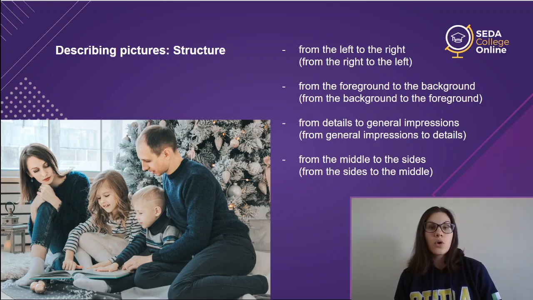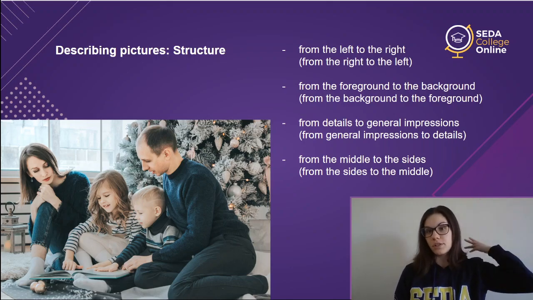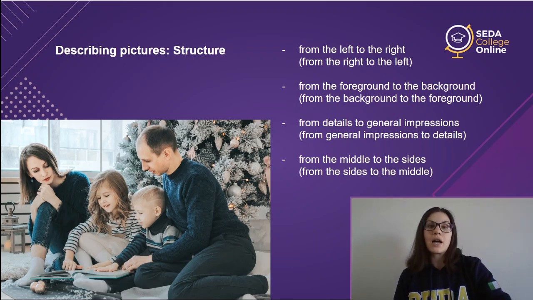Or another option is to move from the foreground, what you see in front, to the background. That was the opposite, right? Foreground, what you see in the front, background, what you see behind, or the opposite. Another thing that you can do is start from the details, specific things, and then move to general impressions.